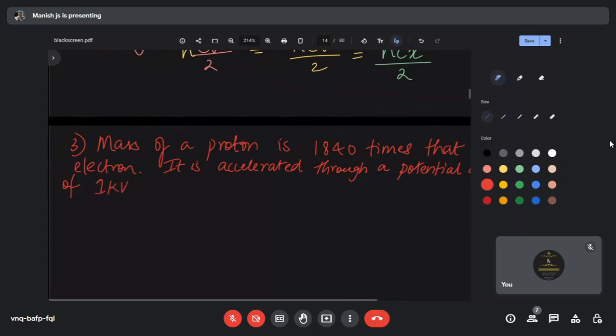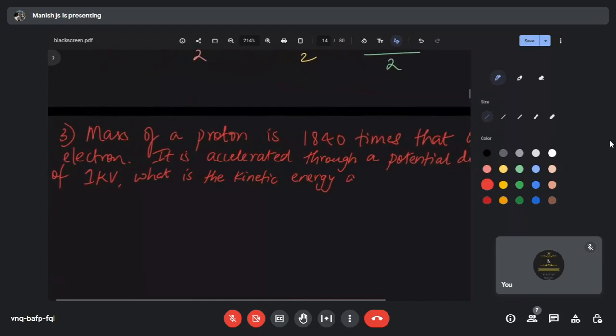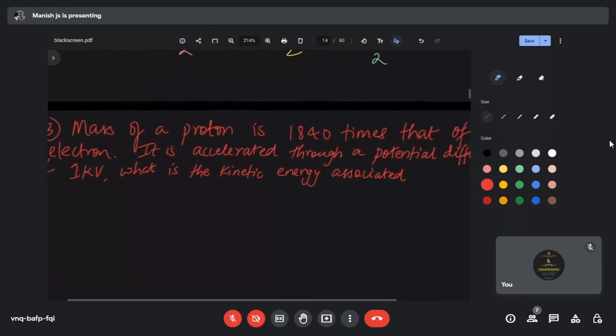What is the kinetic energy associated with the proton?